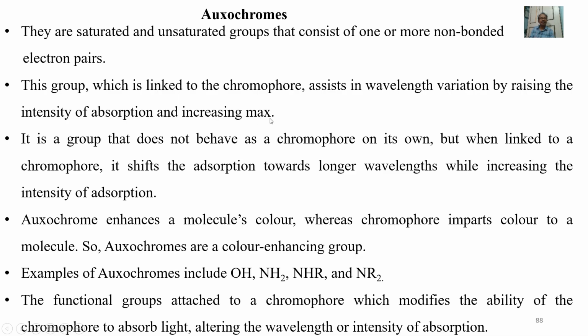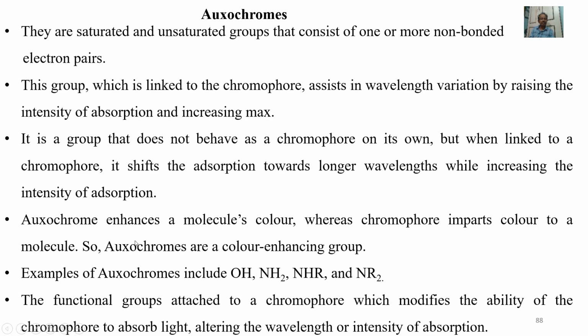It's a group that does not behave as a chromophore on its own, but when linked to a chromophore, it shifts the absorption towards longer wavelengths while increasing the intensity of absorption. An auxochrome enhances a molecule's color, whereas a chromophore imparts color to a molecule. So auxochromes are color enhancing groups.